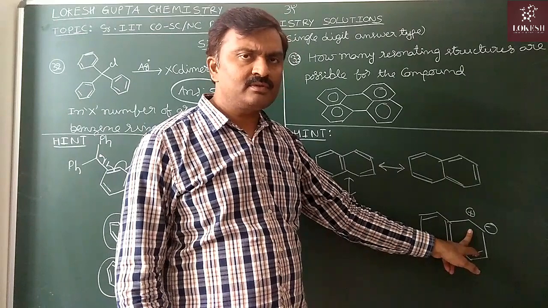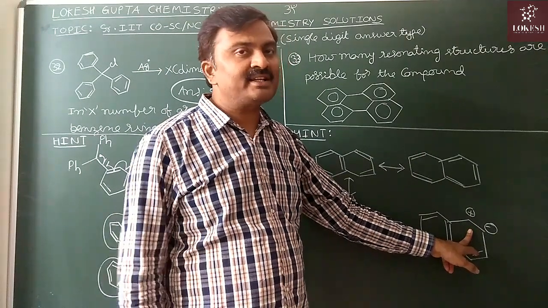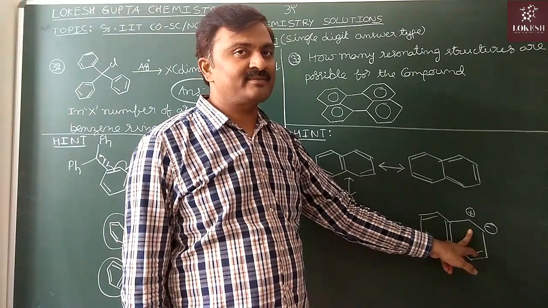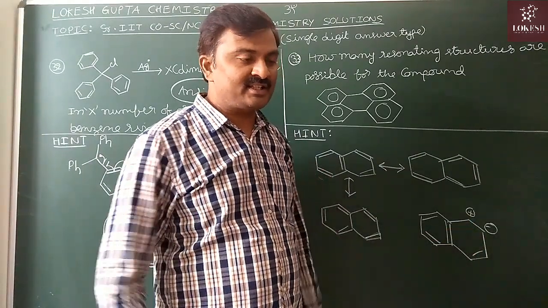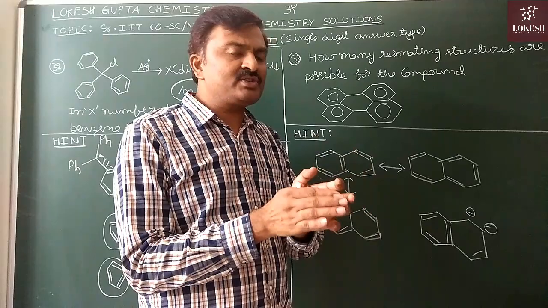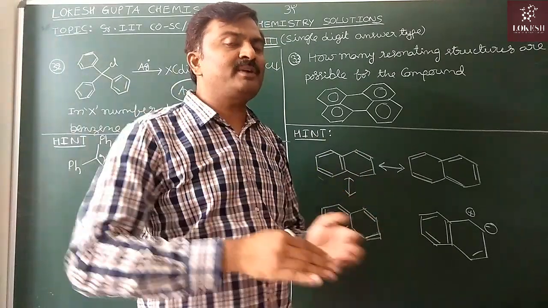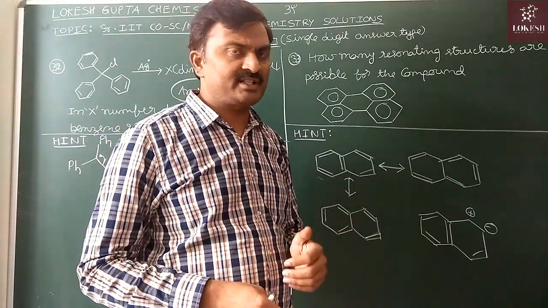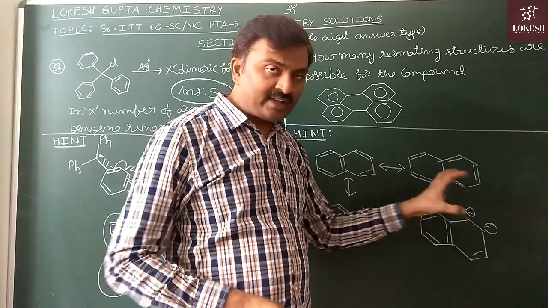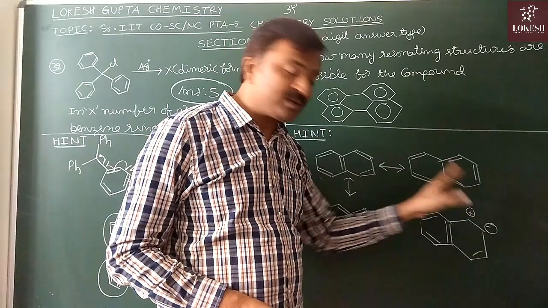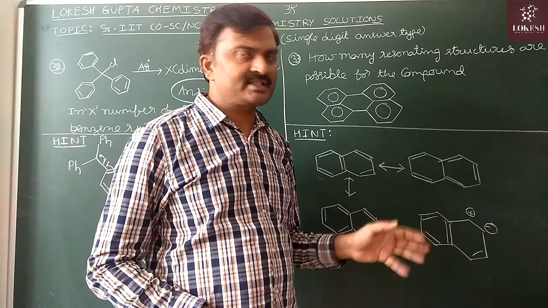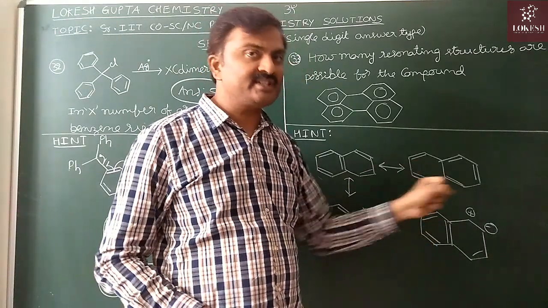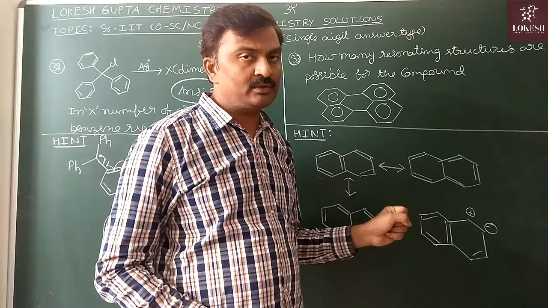So we should not consider it as a resonating structure. Why? Because the energy should not be very high when compared with the resonance hybrid structure. So that's why for aromatic compounds, we don't include this type of structure as resonating structures, because its energy is more.